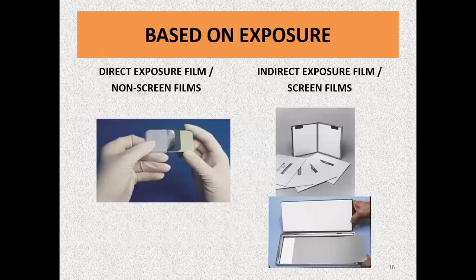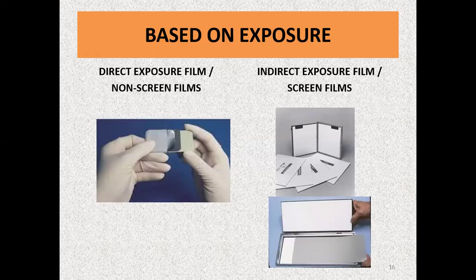Based on the exposure, direct exposure films and indirect exposure films. Direct exposure films are also known as non-screen films. In these, only the film is used and an extra screen is not used. Usually, this is used in intraoral films.